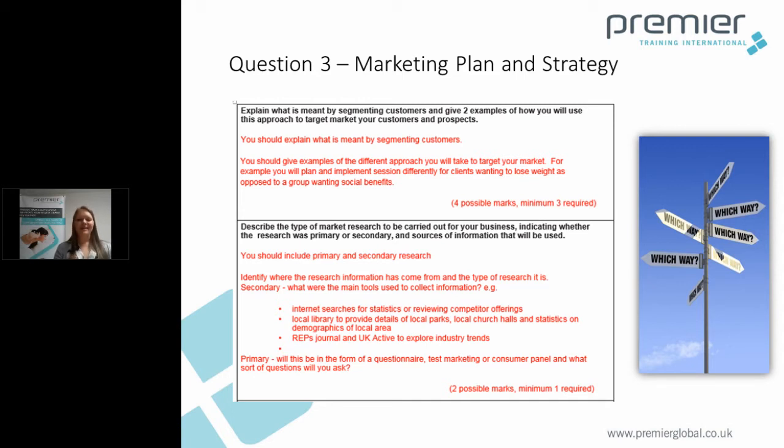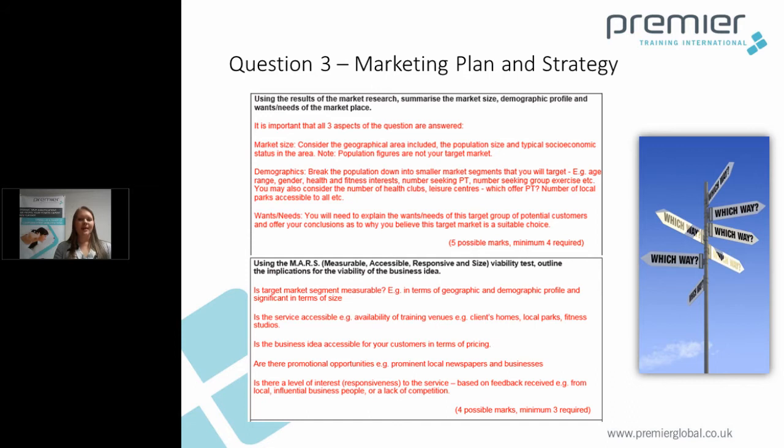At this point, you may not have had time to carry out primary research. If that's the case, then please state here what you would do if you were to carry out primary research. I would definitely recommend that you do this prior to starting your business, as it will give you valuable information and advice. This question carries 2 marks. You do need 1 mark as a minimum in order to meet the requirements for this question.